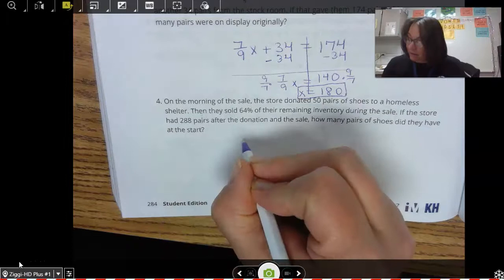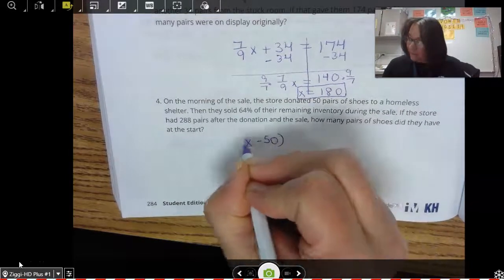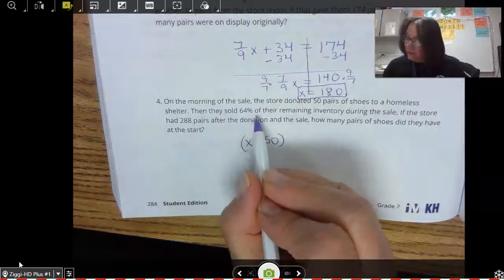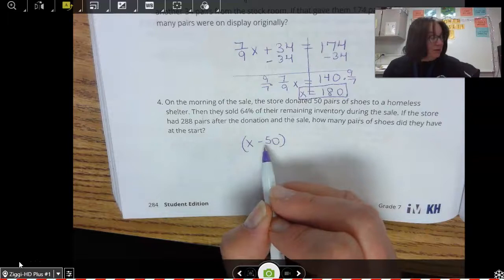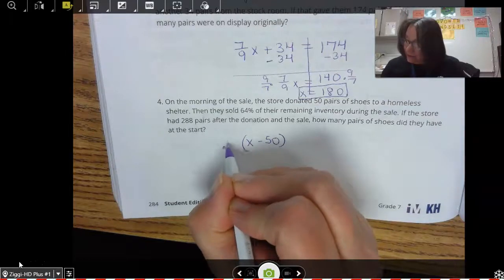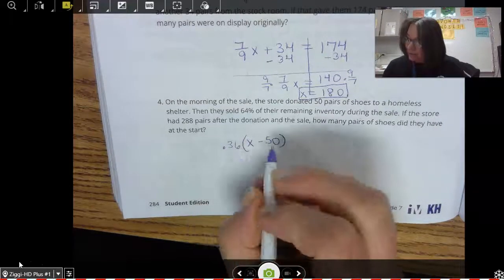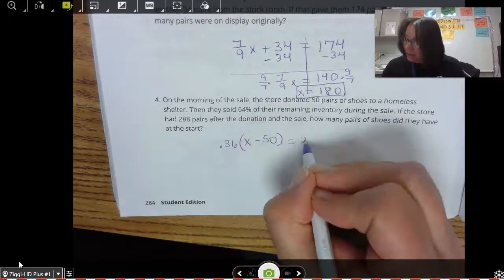Okay, so they have x shoes and they donated 50 pair. Then they sold 64% of this amount. Okay, so if they sold 64%, then that means that 36% remained. So 36% of the remaining shoes was equal to 288.